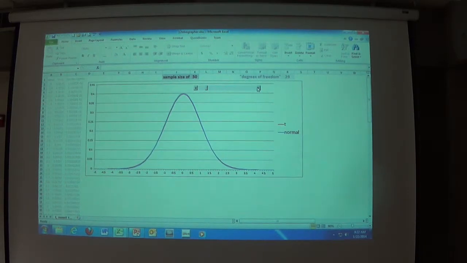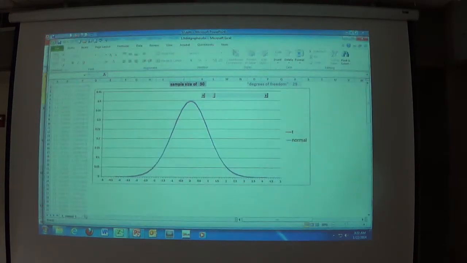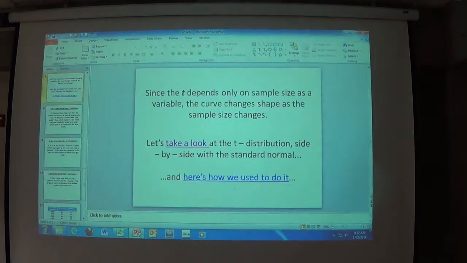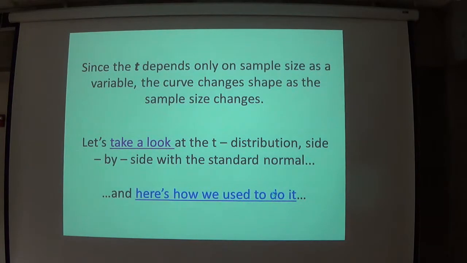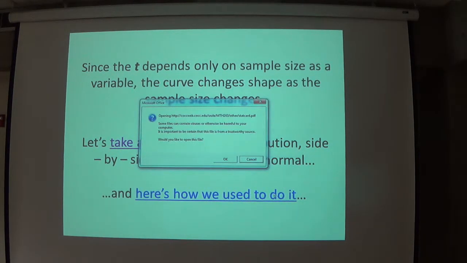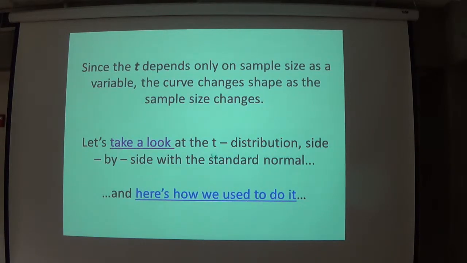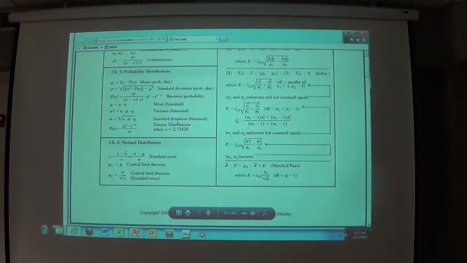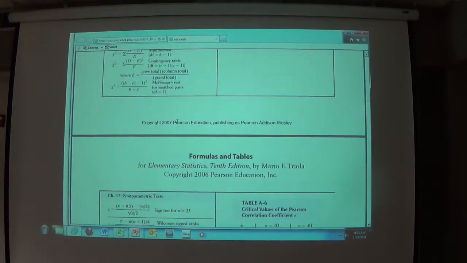Now, here's the deal. Can I shut this down real quick? Oops, never mind. Back in the day, let's see if this loads. I think it will. Yep, that's good. We had to use tables. Now, I've intentionally hidden all this stuff from you guys. This is how I didn't want the course to look.